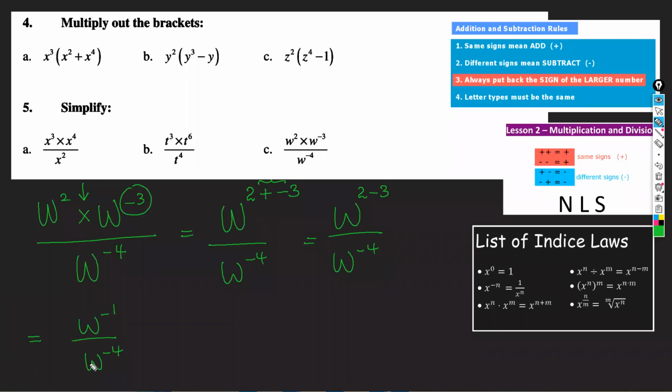Now, this is where I think most of the mistakes occurred. The divide means you have to minus the powers. So you have minus 1 on top. Divide means you have to minus the powers. That is this rule here. But what's waiting underneath? Another minus sign. So you end up with a minus and a minus.